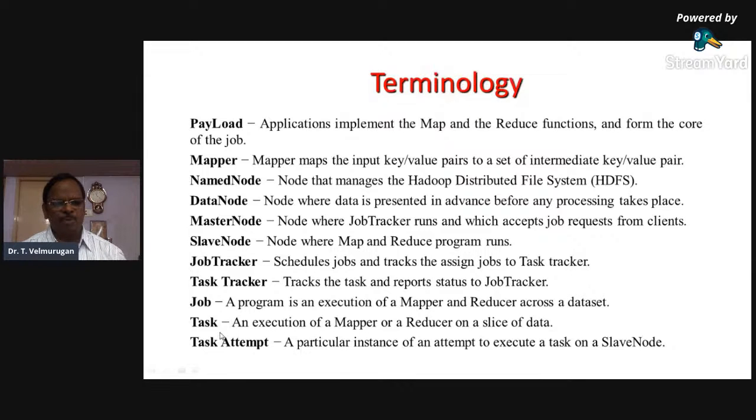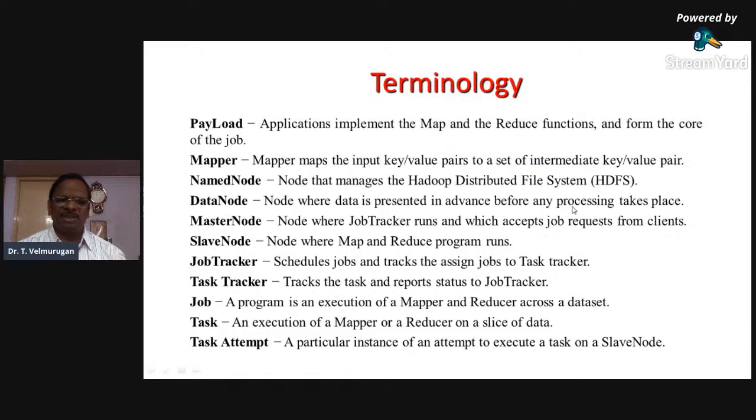What is a job? What is a task? What is a task attempt? So what is the payload? The applications that implement the map and the reduce functions and form the core of the job are the payload. Mapper maps the input key value pairs to a set of intermediate key value pairs.